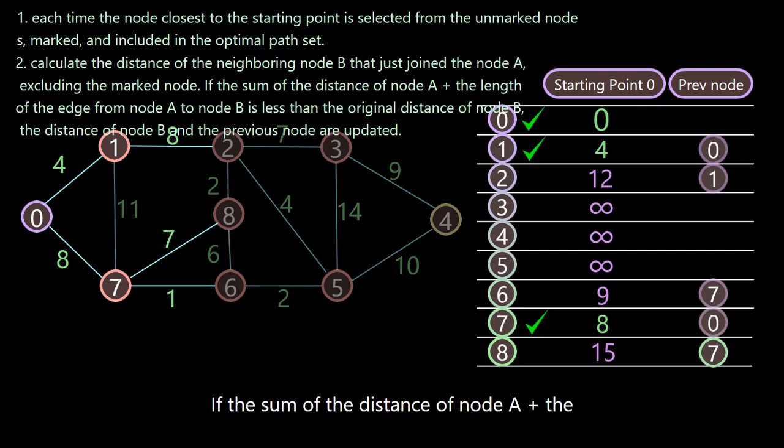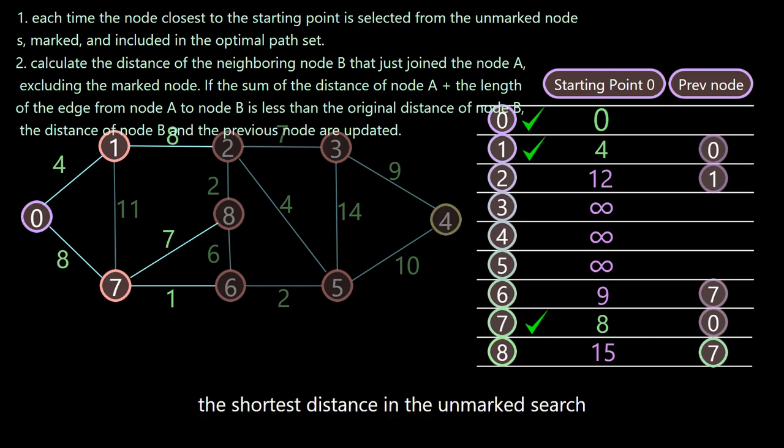If the sum of the distance of node A and the length of the edge from node A to node B is less than the original distance of node B, the distance of node B and the previous node are updated. It loops in this way until the destination is marked. That is, the shortest path from the starting point to the destination is found.